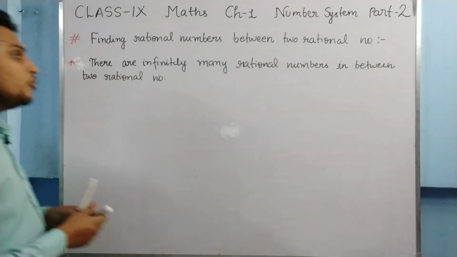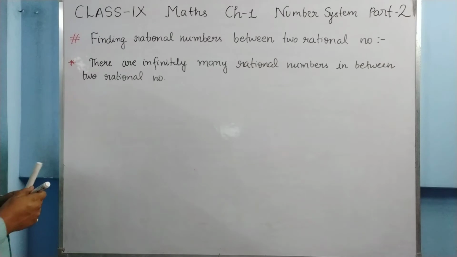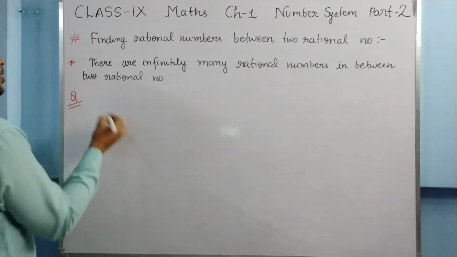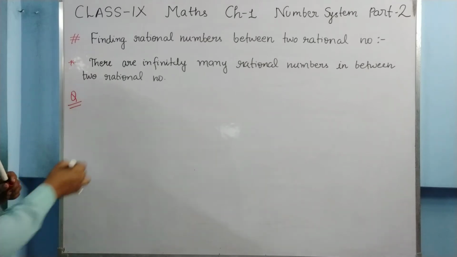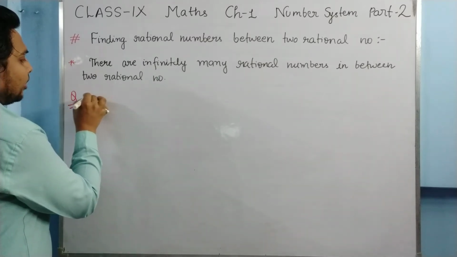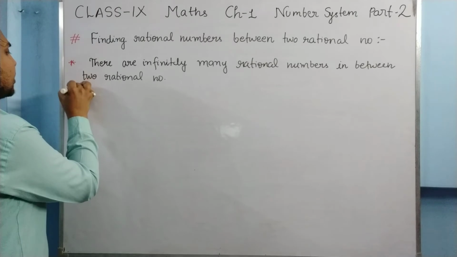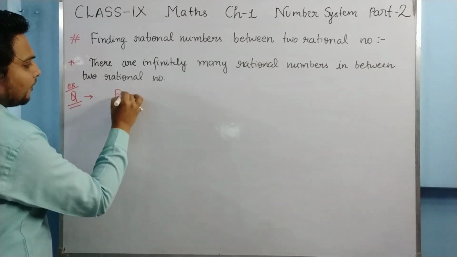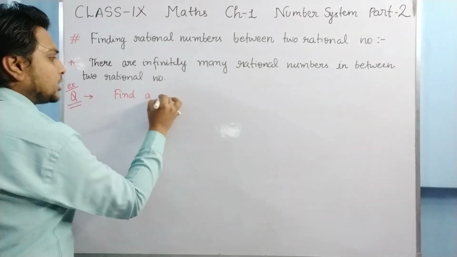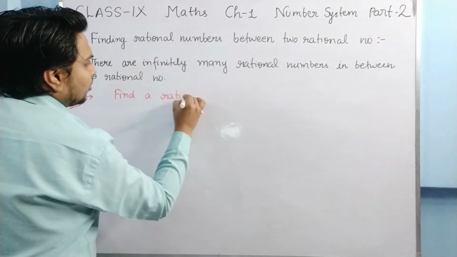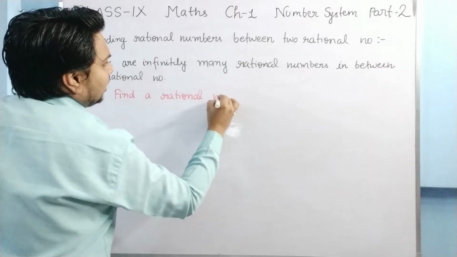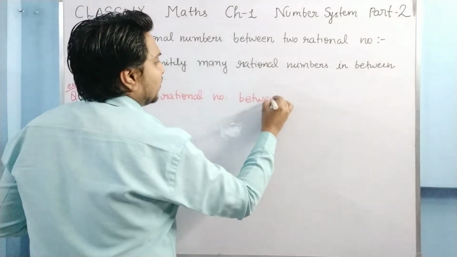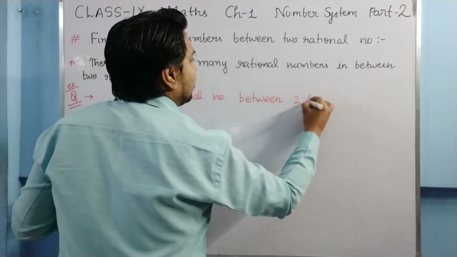Okay, now we'll understand how we can find a rational number in between any two rational numbers. See, this is an example question: find a rational number between 2 and 3.